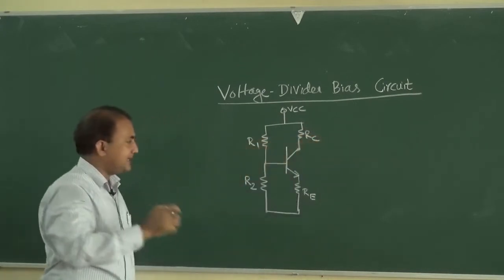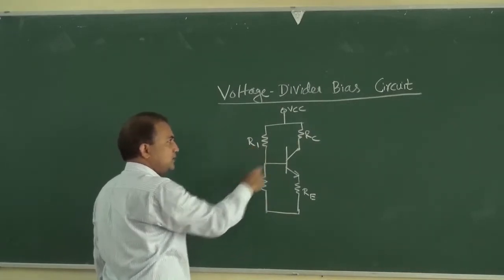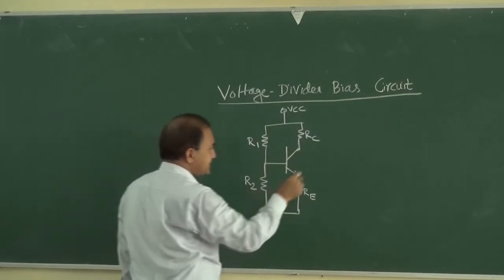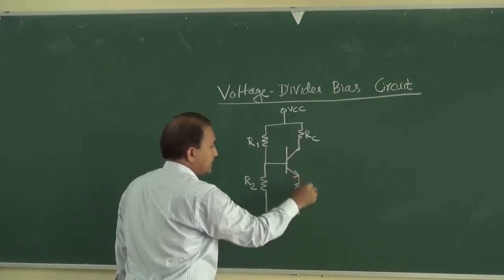This circuit consists of resistors R1, R2, RC, RE, and this is an NPN transistor. It is now connected to ground.